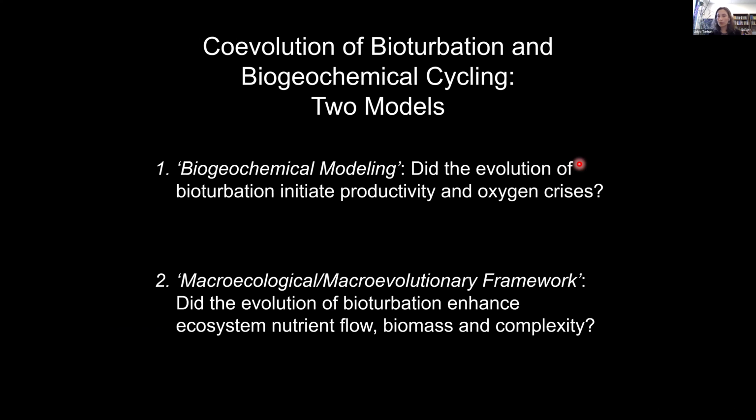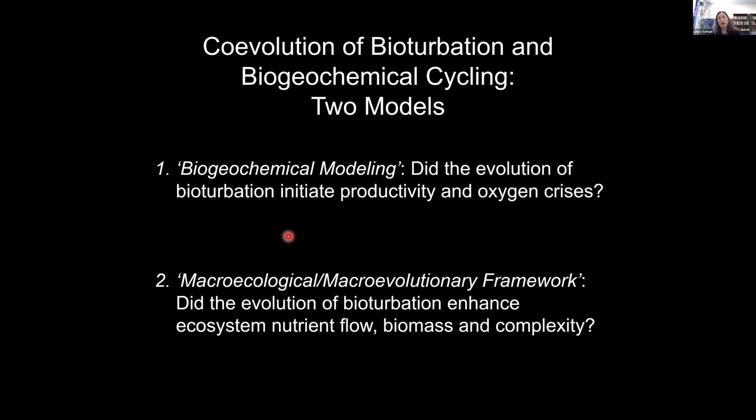And our predicted responses to some of these questions fall broadly into what we can think of as a couple of different camps. The first of these is a framework that's informed more closely by biogeochemical modeling, in which a number of recent studies have suggested that the emergence of bioturbation would have actually had a deleterious impact upon both productivity and oxygenation of ocean waters.